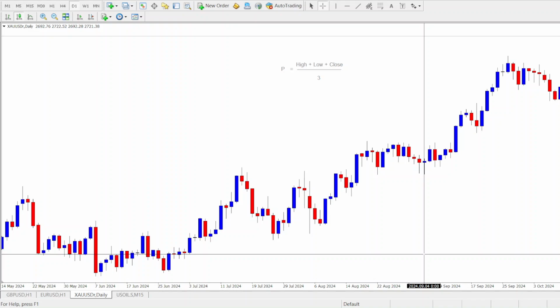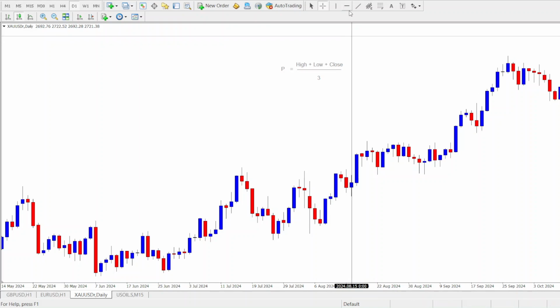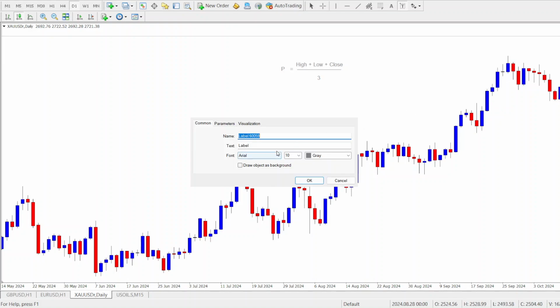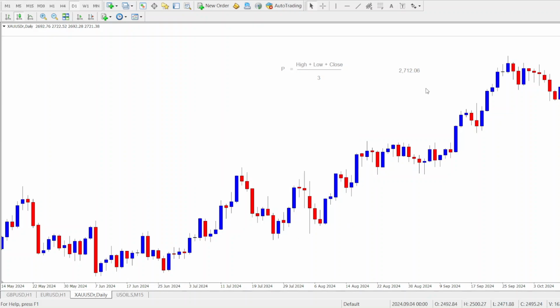Now we have 2712.06. So we just calculated the pivot point for this particular day.